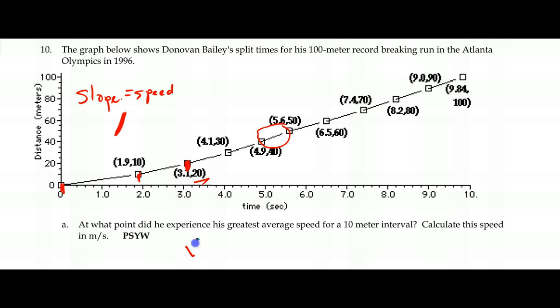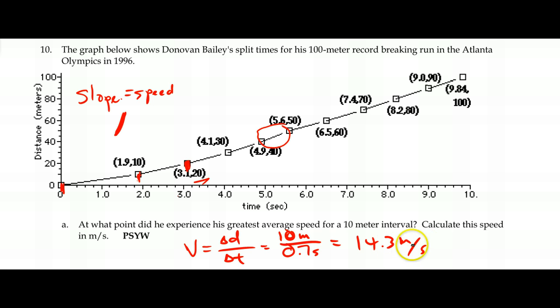Now, to determine his average speed, we simply need to know the distance that he traveled and the time that it took. The distances are all 10 meters for every interval. The time interval for this one is from 4.9 to 5.6, so that's 0.7 seconds. So 10 divided by 0.7 is going to give us 14.3 meters per second.